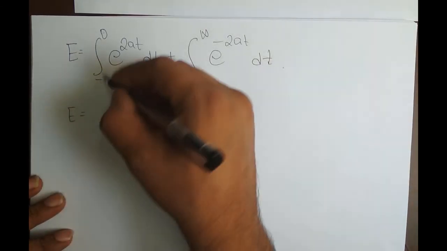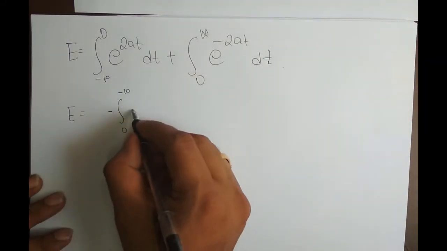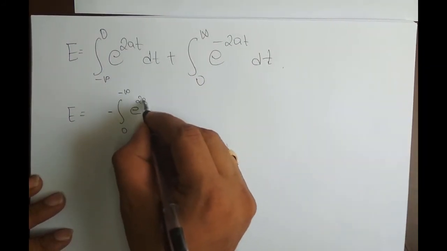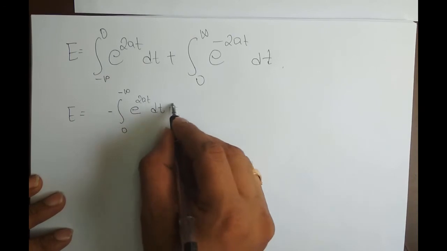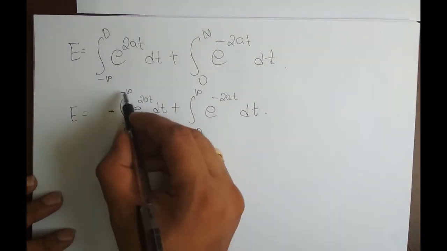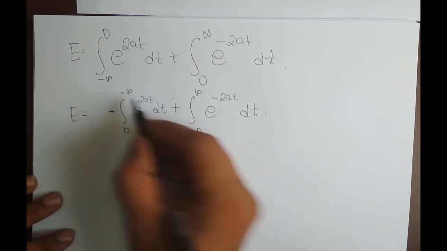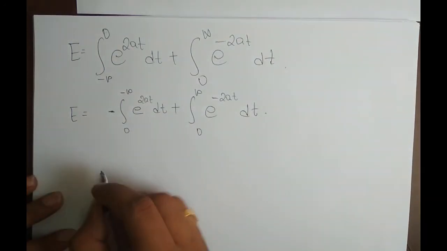When I interchange the limit, what is the consequence? There is a minus here. Correct, no? So e power 2at dt plus integrating from 0 to infinity e power minus 2at dt. Okay. Now what I need is this minus infinity, I need to convert it to plus infinity so that I can just take the common term here.